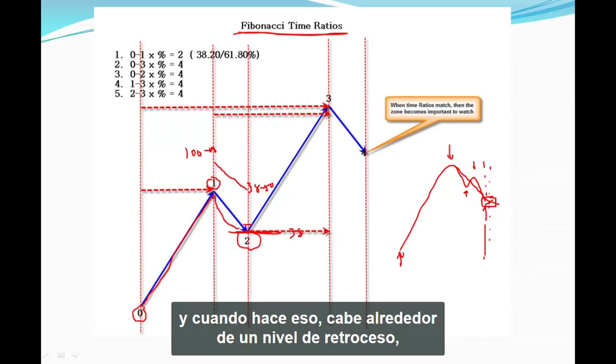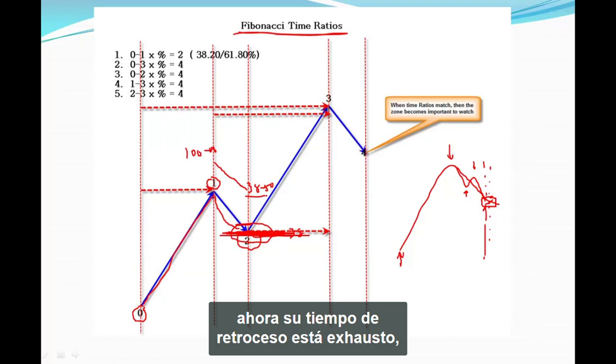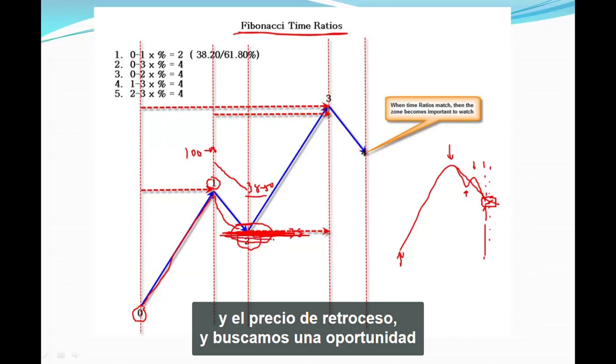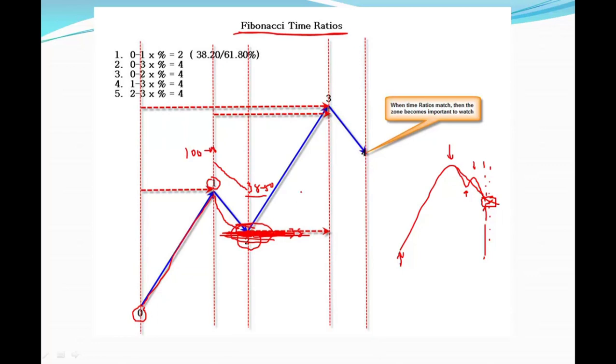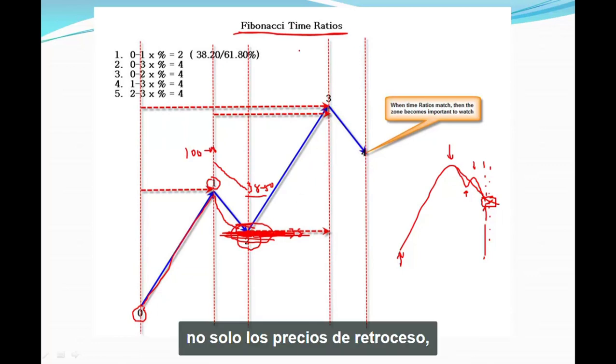And when it does that, if it's around a horizontal retracement level, it has now exhausted its time retracement and price retracement, and we look for an opportunity for a trade. So the real trick in Fibonacci is not only price retracements, it's also looking at time.